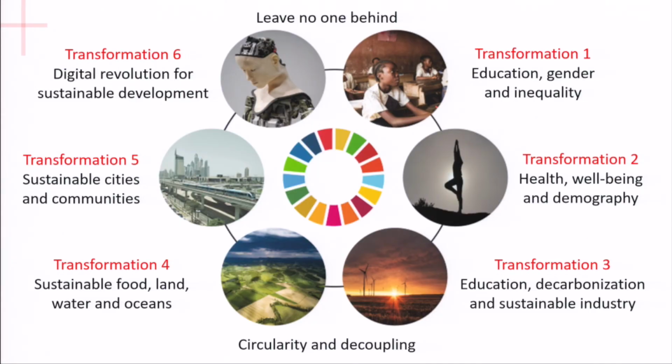Transformation 4 is sustainable food, land, water and ocean, sustainable development in all basic resources. Transformation 5 is sustainable cities and communities, and transformation 6 that we expect by going in for the 17 SDG goals is digital revolution for sustainable development.